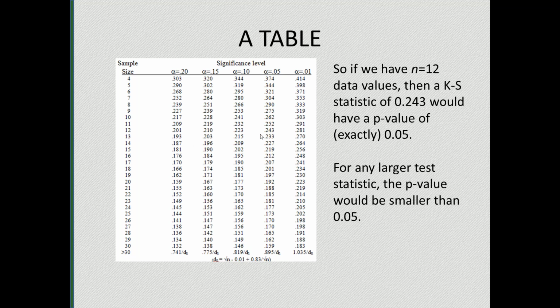For 12 data values, a KS statistic of 0.243 would have a p-value of exactly 0.05. Anything bigger than that, the p-value will be smaller than 0.05, and we would reject the null hypothesis. Any test statistic smaller than 0.243, we're in non-reject world, assuming the traditional 0.05 significance level.